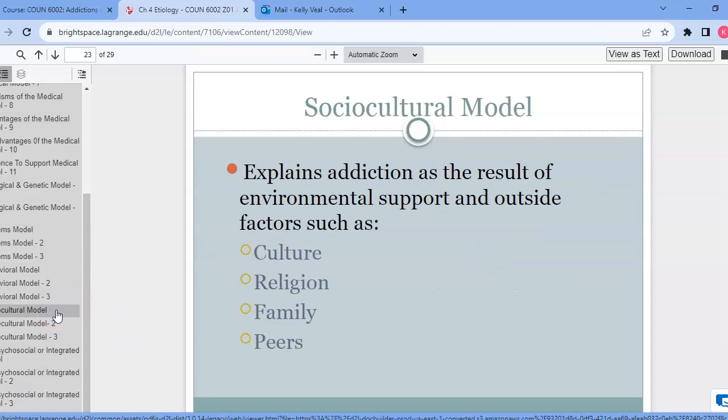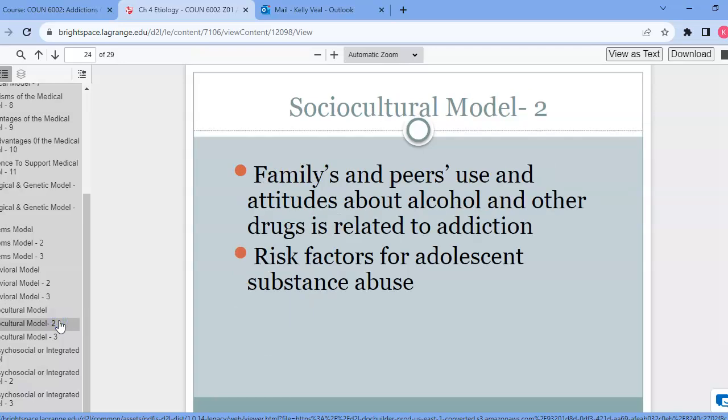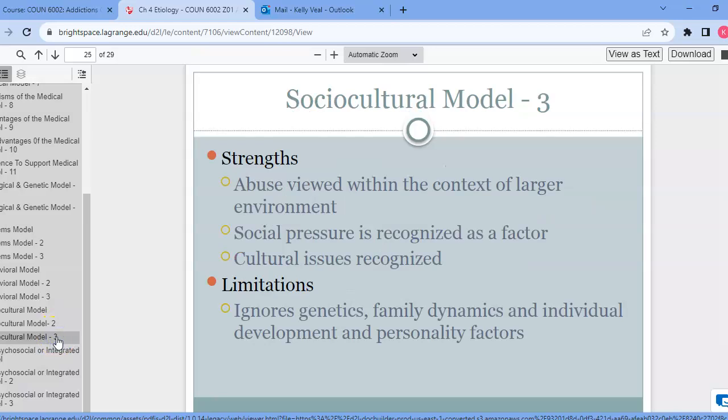We know those are all factors, right? And so is this: what's your environmental support? What did you learn from your family, your religion, your culture, your peers? What is everybody doing? What does everyone in your family system do, and your friends? Do they all believe that you should drink all the time? Do they not?